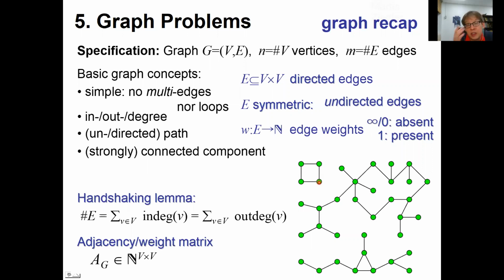So it's a connected set, and it's the largest connected set. We cannot add any other vertex from this graph, because adding any other vertex would violate the connectedness of this component. So to conclude, this is a connected component of an undirected graph.